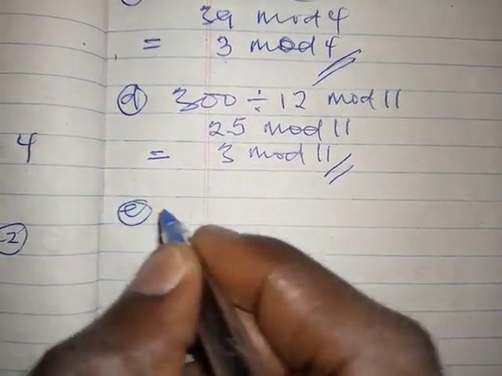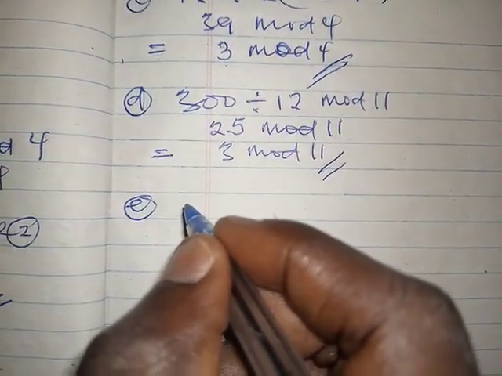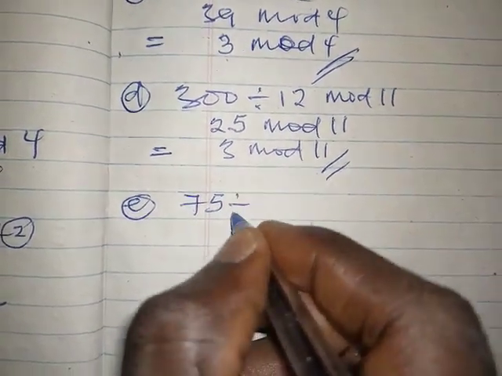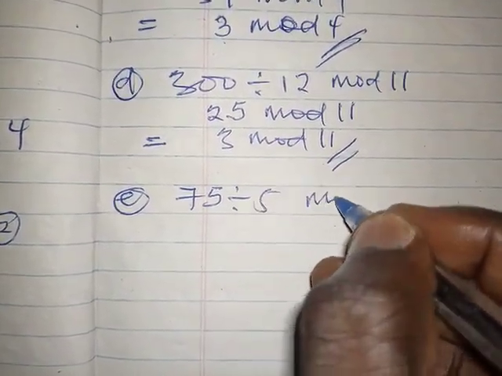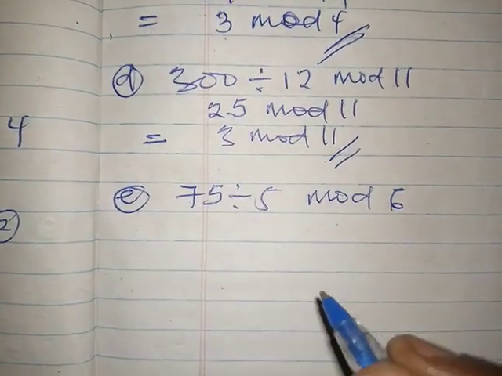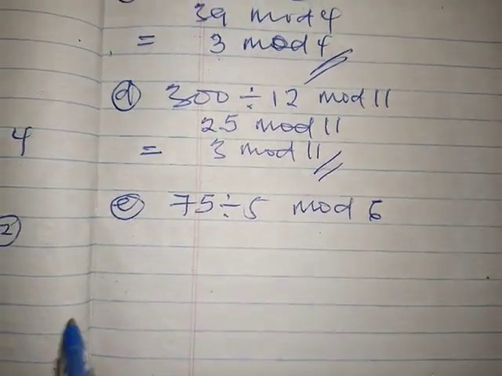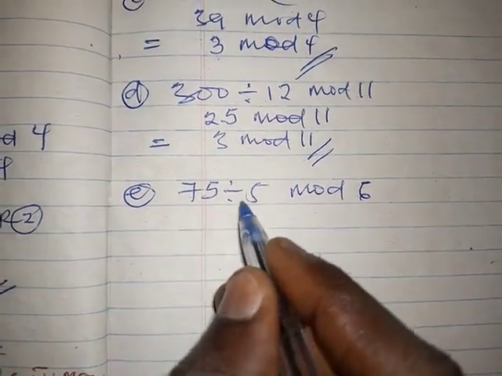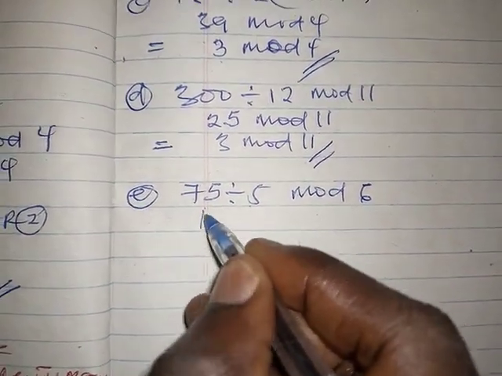The next one I'm going to consider is, let's say, 75 divided by 5 mod 6. So 5 into 75, we have 15.